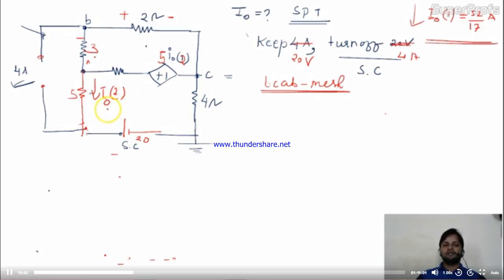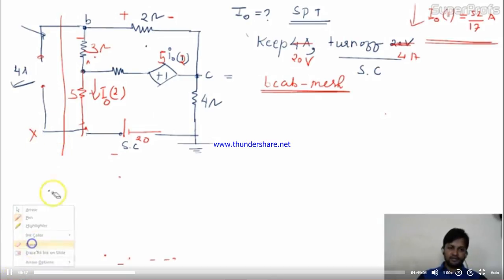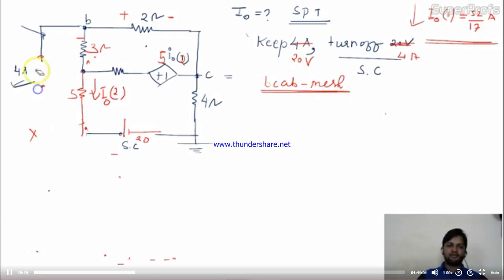Now the task is very easy for you, because you have to find out this I0 only. This branch is the open branch, means we can remove this branch from the circuit. There is an open circuit across B and ground, like this. This is your simplified circuit, and our task is to find out the I0. What we are going to do here now?